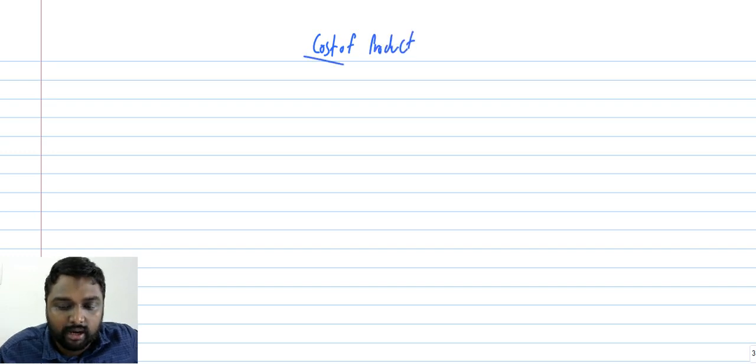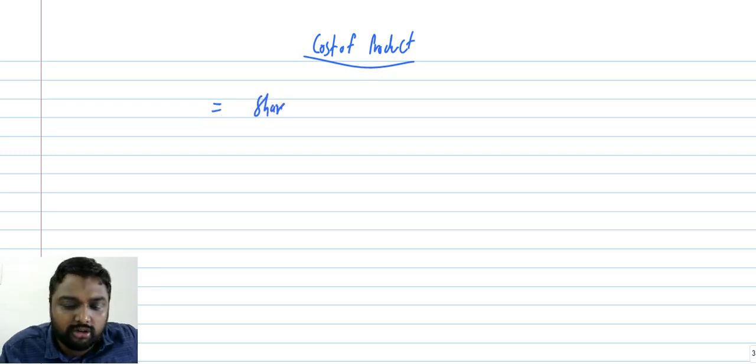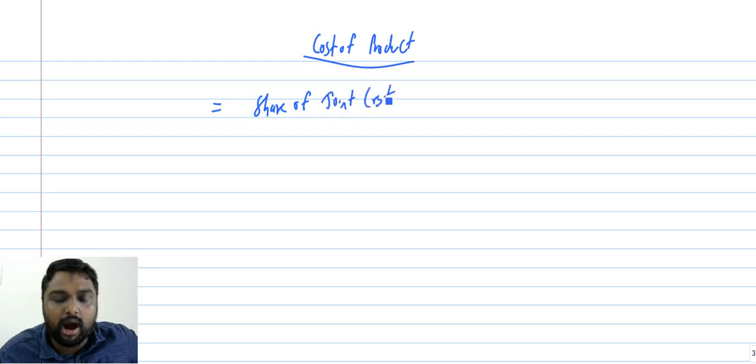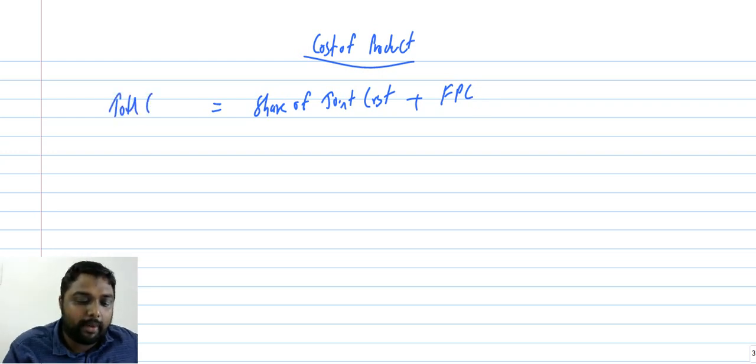Because of this discussion, we can classify the cost of a product produced under joint product basis into two. First, their share of joint cost, that is the amount they got from the commonly apportioned joint cost. Then the further process cost, otherwise called separable cost.